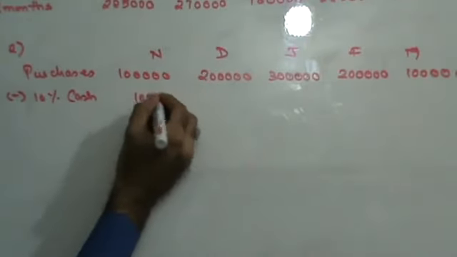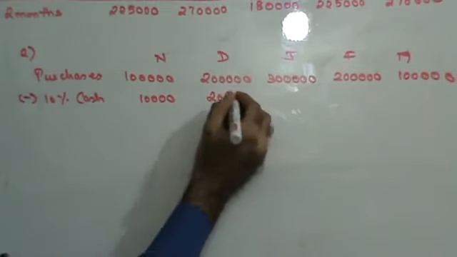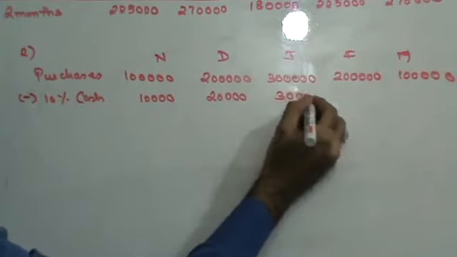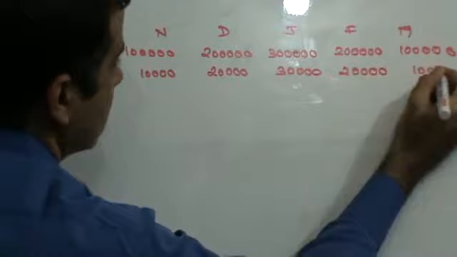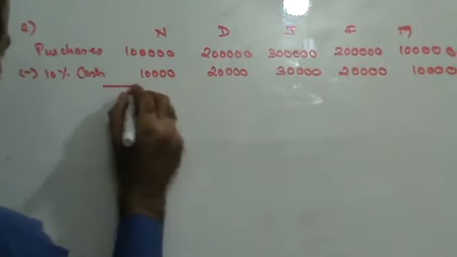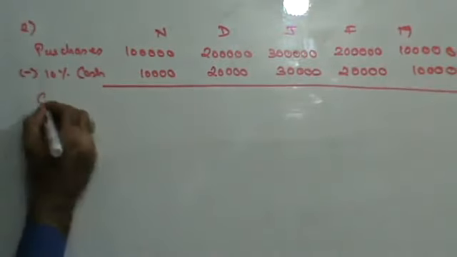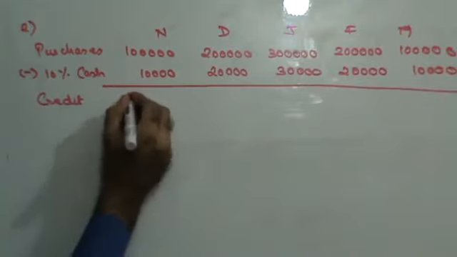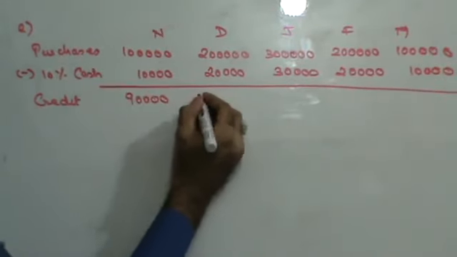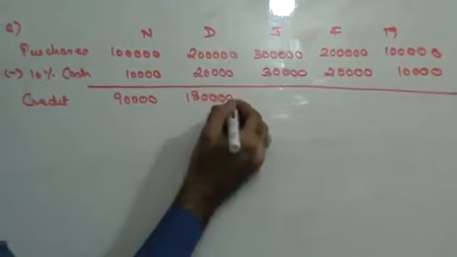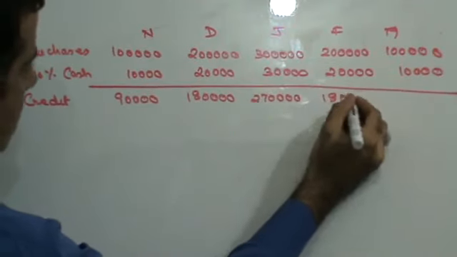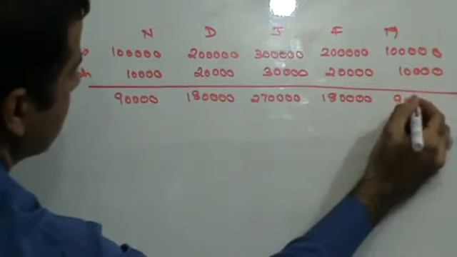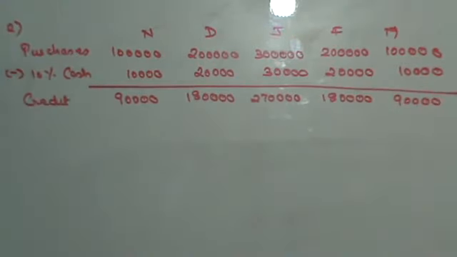That is 10,000, 20,000, 30,000, 20,000 and 10,000. So in that case, credit is going to be 90,000, 1 lakh 80,000, 2 lakh 70,000, 1 lakh 80,000 and 90,000. Fine.